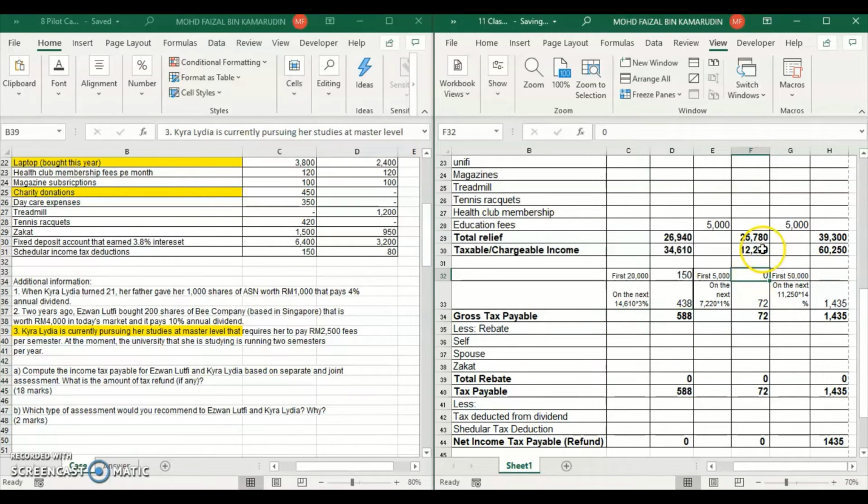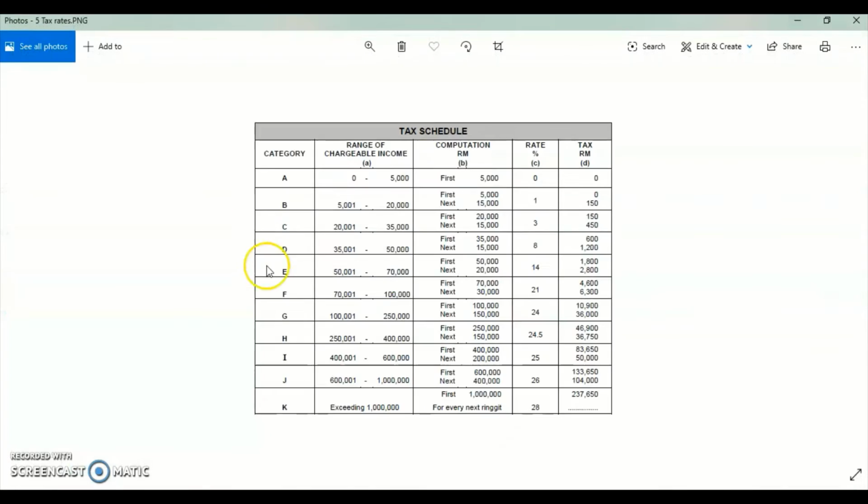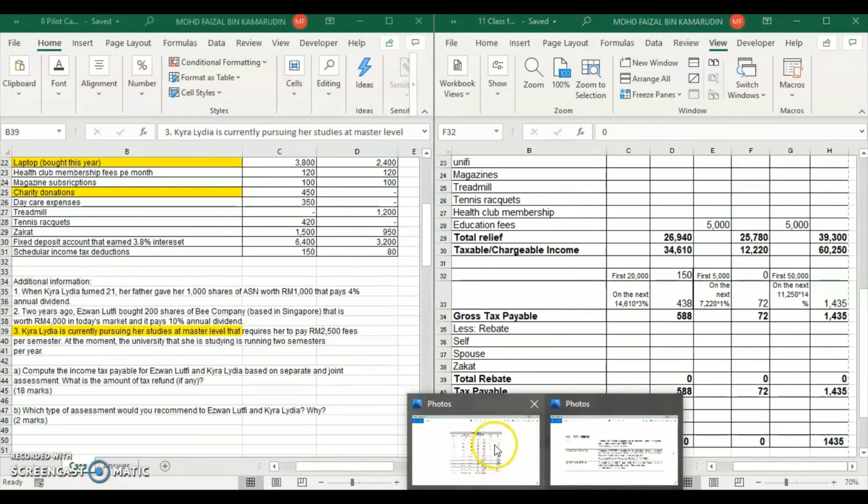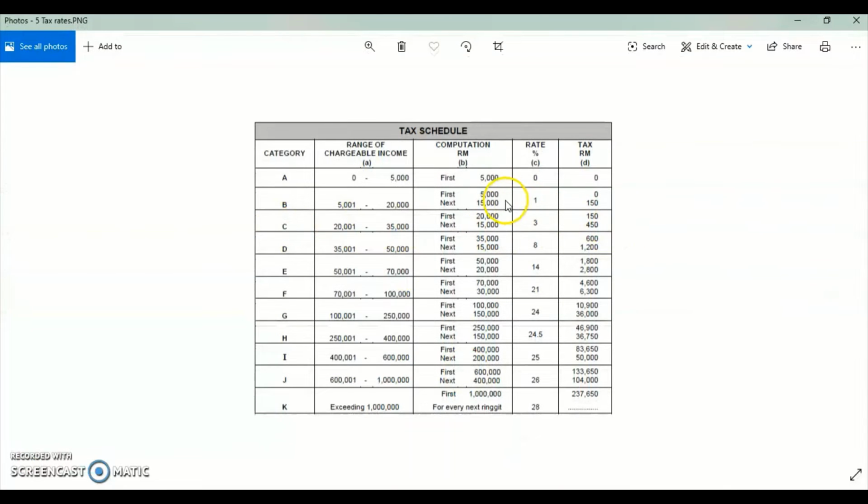Check this one, the chargeable income is 1220, and then it falls under that category, B category. For the first 5,000 is 0, and then for the next, you have to times 1%.